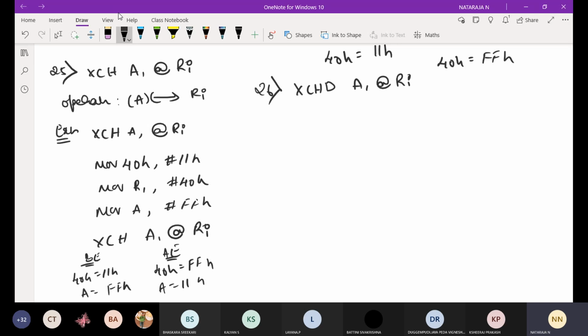The exchange digit instruction exchanges only the lower nibble of the accumulator, that is bit 3 to 0, with the lower nibble of the RAM location pointed by RI.